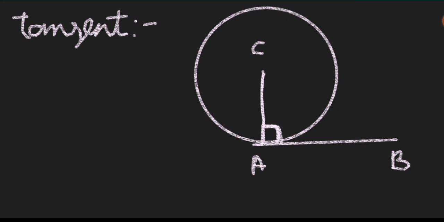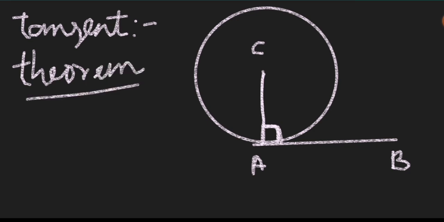This is theorem 9.1, which you can find in class 10th mathematics. The tangent is making an angle of 90 degrees with the radius of the circle.